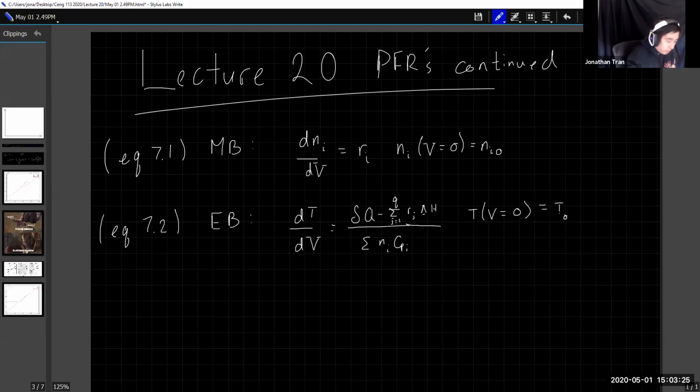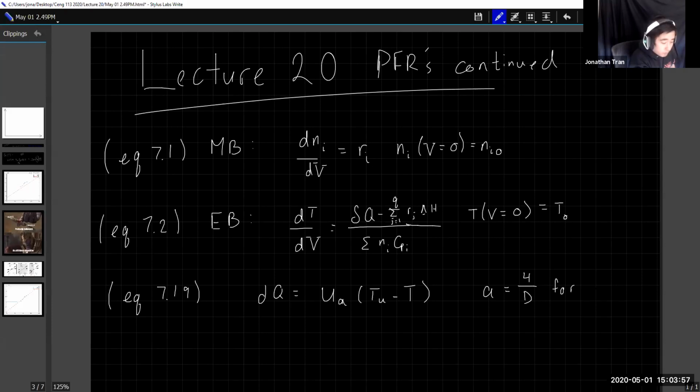Okay, and then one more equation that will be useful in this case is equation 7.19, which is another equation for del Q, or del Q is equal to UA, that's a little a, times Tu minus T, where a is equal to 4 over D for cylinders.